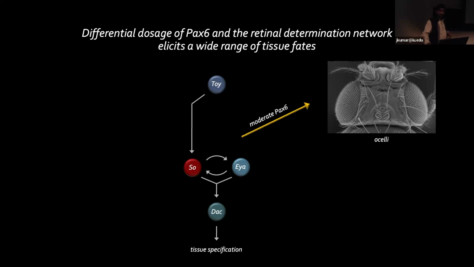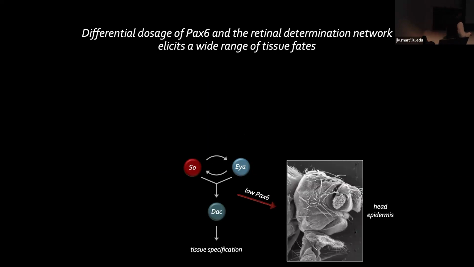If you kill these 2 things together, all of this network is actually going to collapse. It drops down to very low levels because there are other additional inputs that come in outside of PAX6. You can actually convert those compound eyes into head epidermis. And I've also shown you can turn it into ocelli, maxillary palps, and antennas.